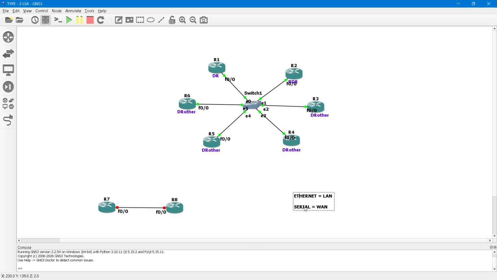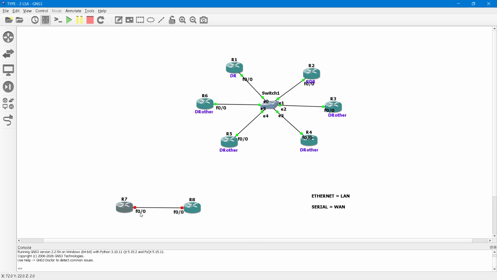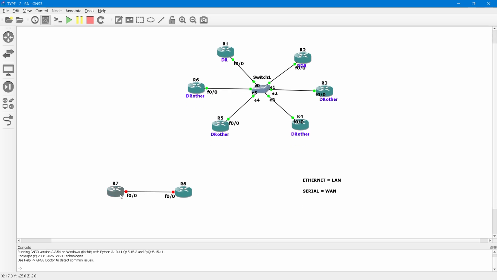So where we don't need a DR and BDR, this is where we use the serial ones, or point to point. The serial ones are the older ones, so we do the configuration of point to point.